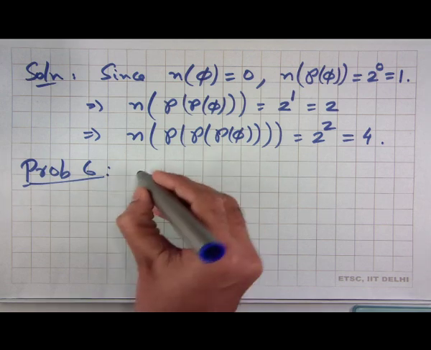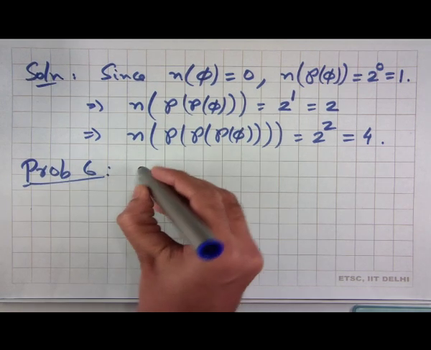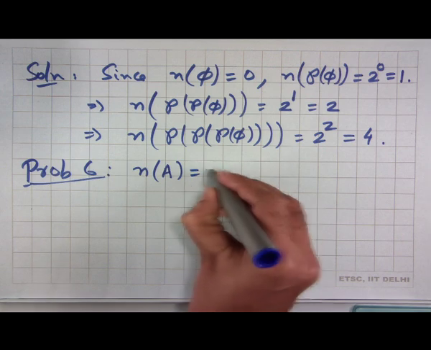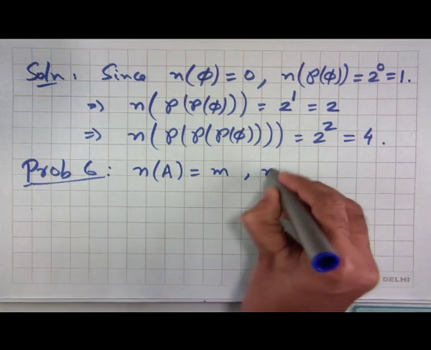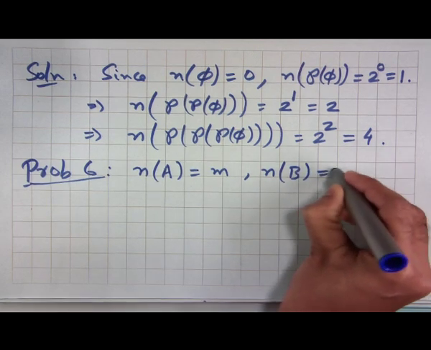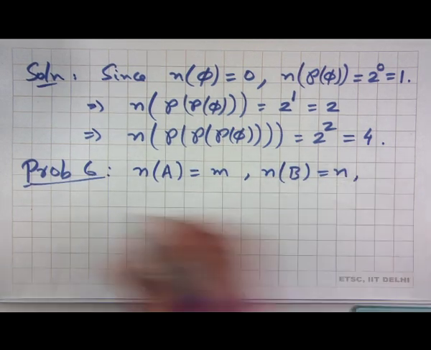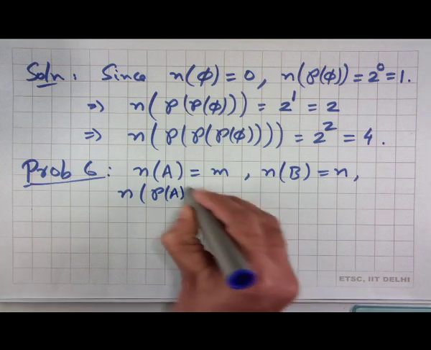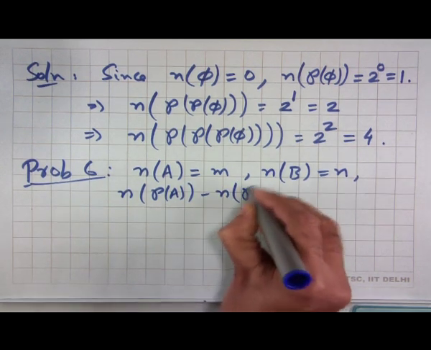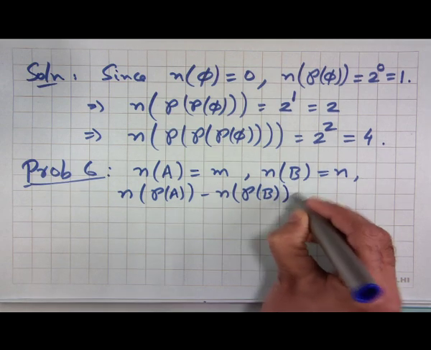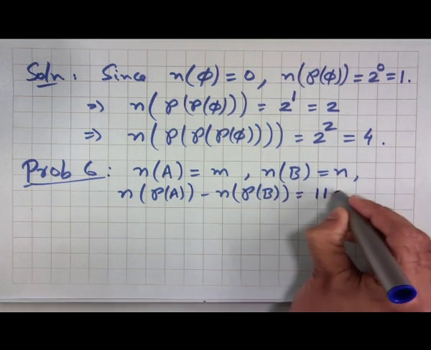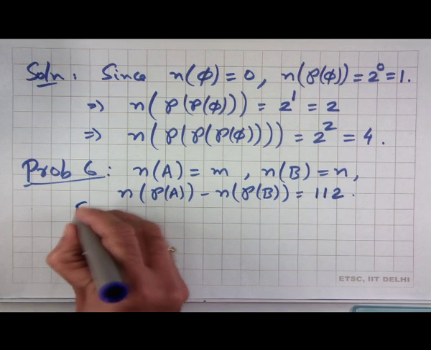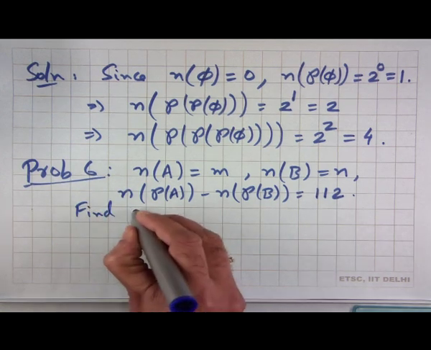So, suppose we are given n of A is equal to some number m, n of B is n, and the number of elements in the power set of A minus the number of elements in the power set of B is given to be 112, then find m and n.